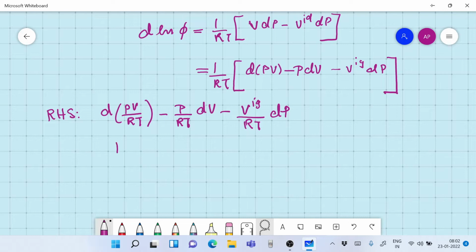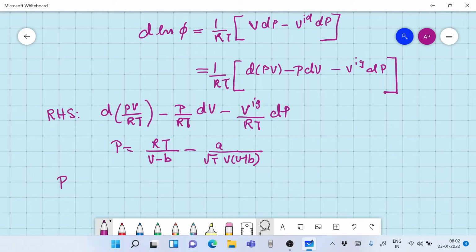Now P is equal to RT over (V minus B) minus A upon root T times V(V plus B), for a Redlich-Kwong gas, or a gas that obeys the Redlich-Kwong equation of state.